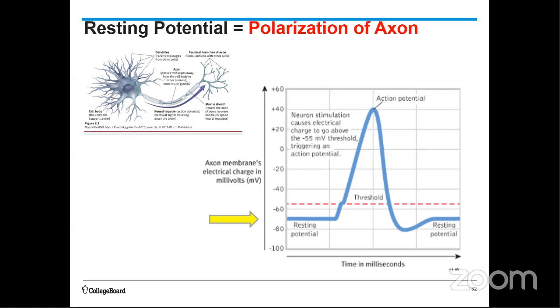You can see that by the arrow here on the left. And the ions, you're going to have sodium ions on the outside, potassium ions, K, on the inside of the cell, of the axon. And they're basically going to stay that way, right?